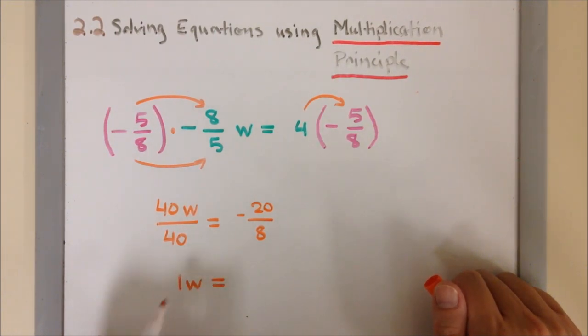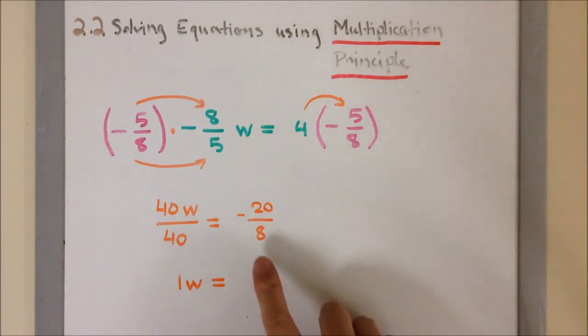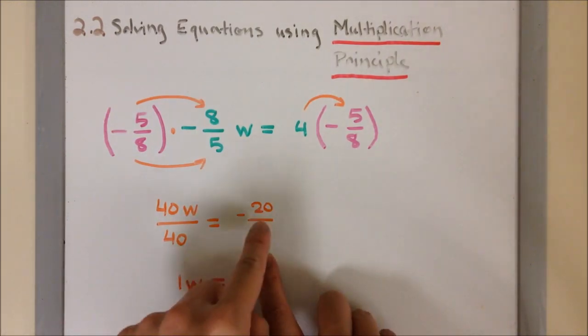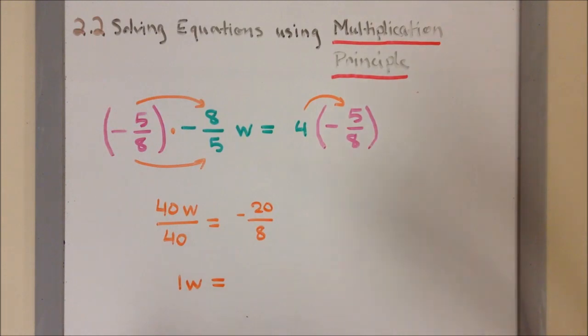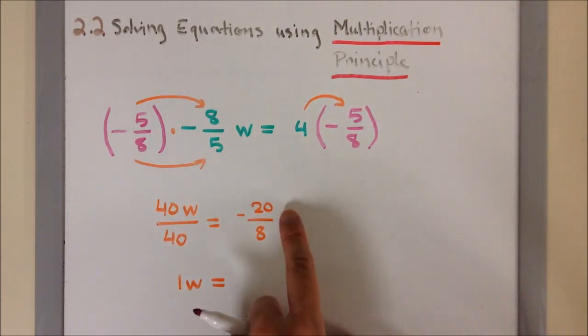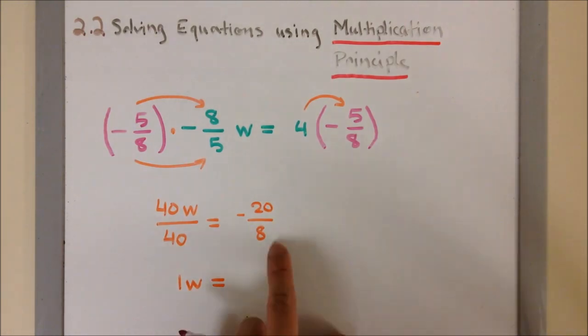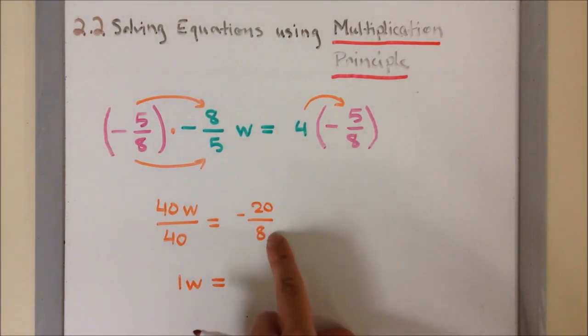1w equals, now taking a closer look at the fraction, I see that 20 and 8 are both even numbers, so you can divide by 2, or maybe you can use a higher number. In this case, you can divide 20 and 8 by 4.